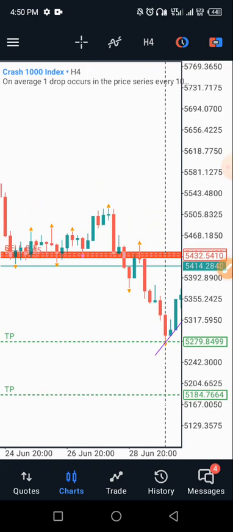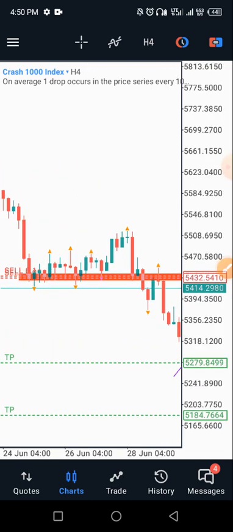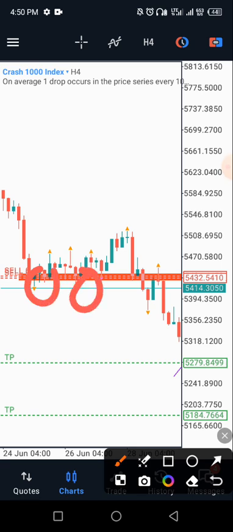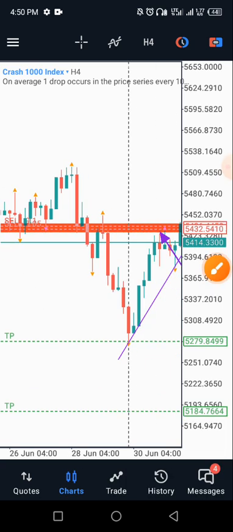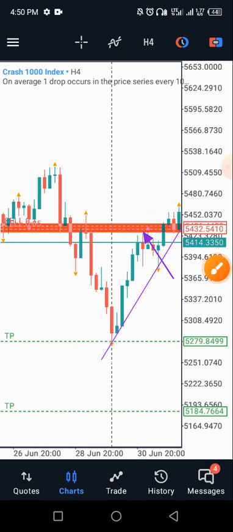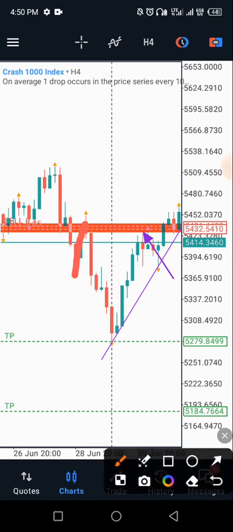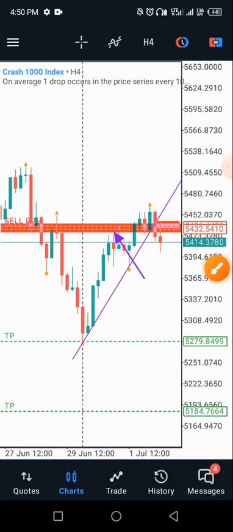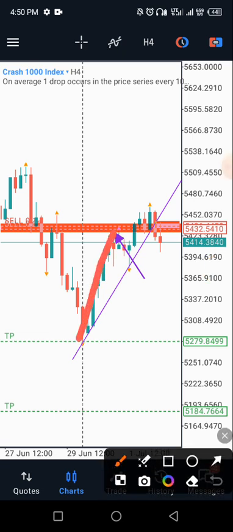You can see where our support is on the 4-hour time frame, and price broke out of it. At this particular level, price retested. Remember this retest back to that support that has now become resistance. Price went back to that same level, and you can see the little rejection that price did, and it sold, telling us that this particular resistance level is a strong level.